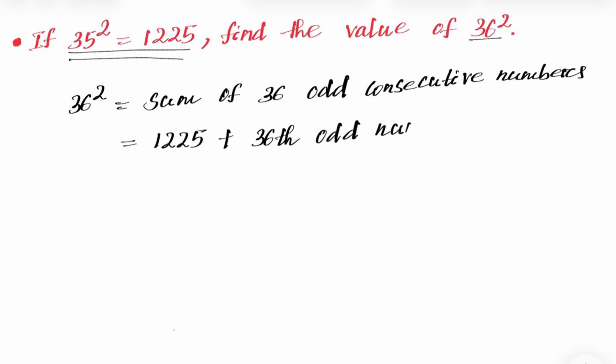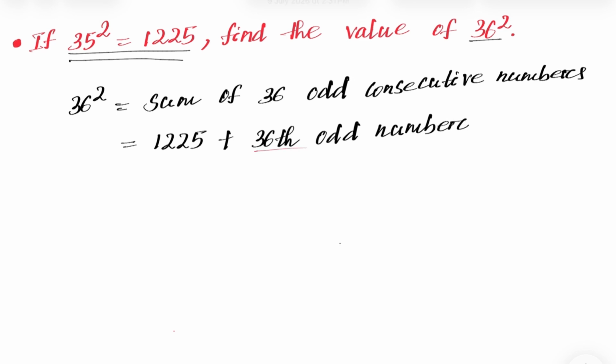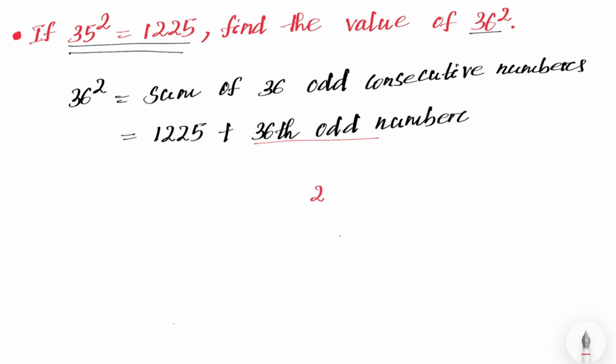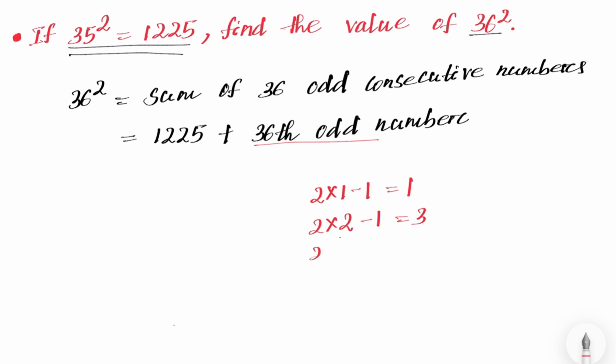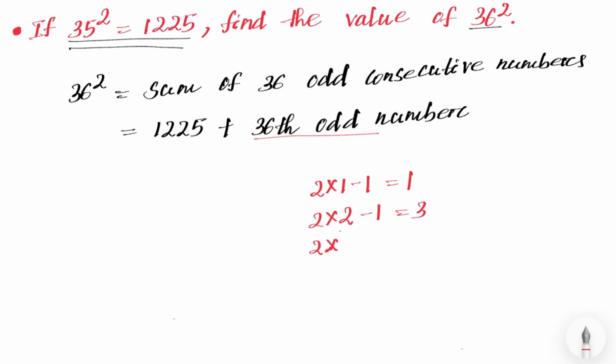Now we have to find out the 36th odd number. Here you can see a pattern. First odd number can be written as 2 into 1 minus 1. Second odd number is 2 into 2 minus 1. Third odd number can be written as 2 into 3 minus 1. Fourth can be written as 2 into 4 minus 1.